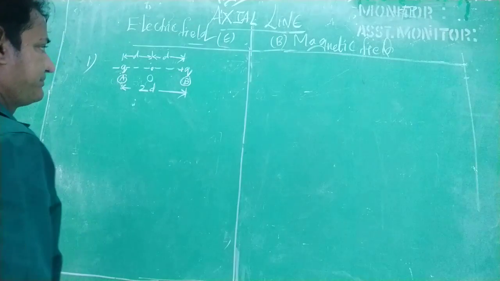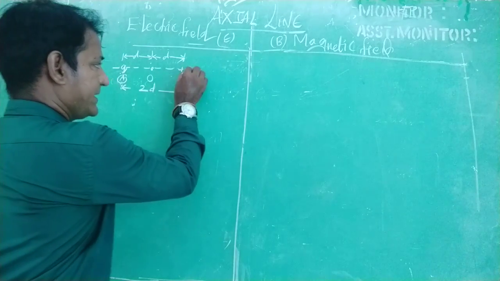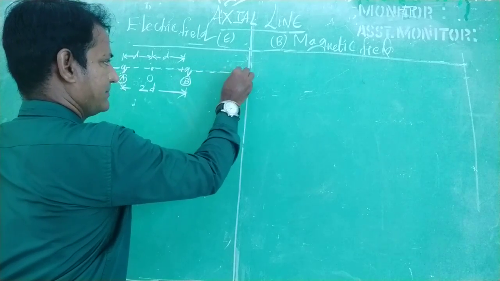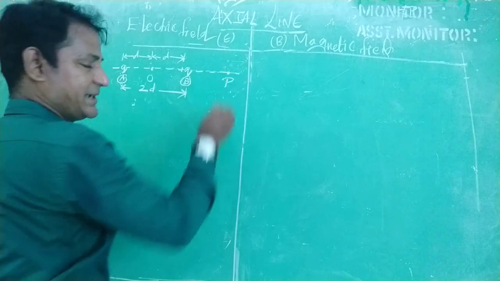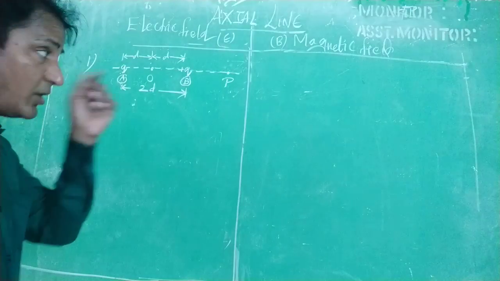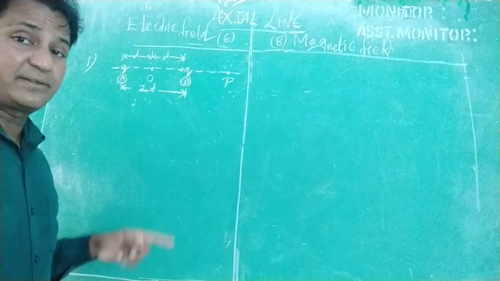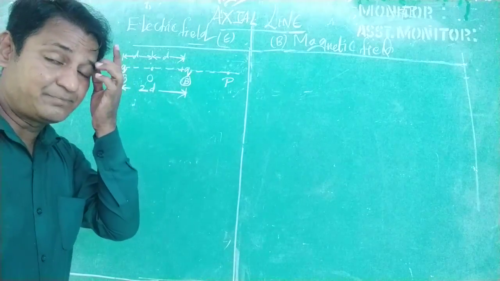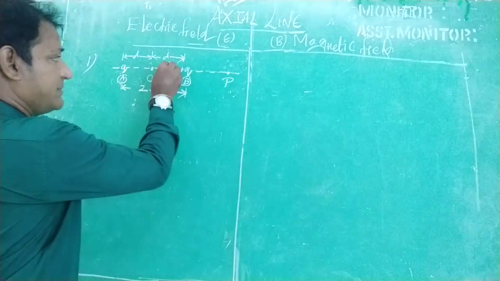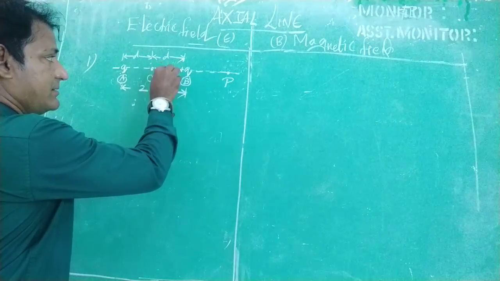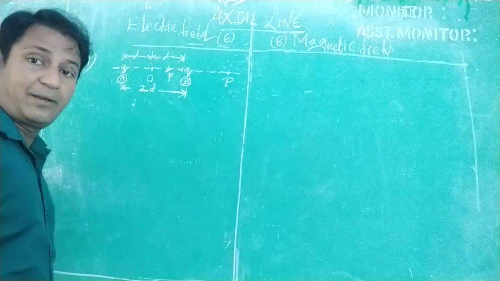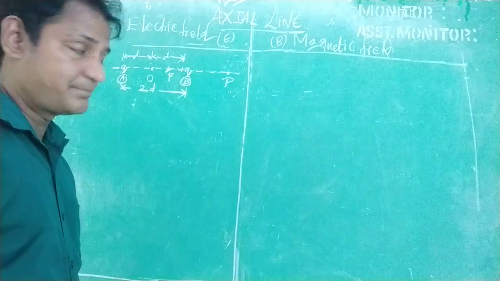I am going to take a point along the axial line, capital P. At this point we are going to measure the electric field due to plus Q as well as due to minus Q, and remember, this arrow mark indicates the direction of the electric dipole moment.